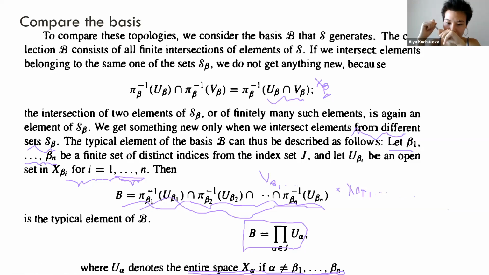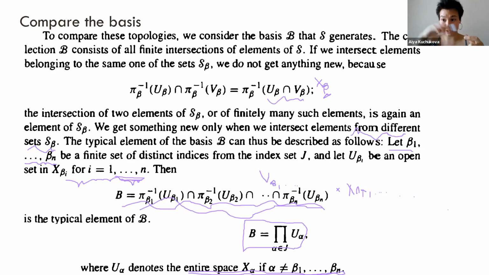Interesting. So are you basically saying that when we take the inverse projection of U beta 1, it gives us an open subset U beta multiplied by a Cartesian product of entire spaces in all other directions, and it happens for every coordinate?